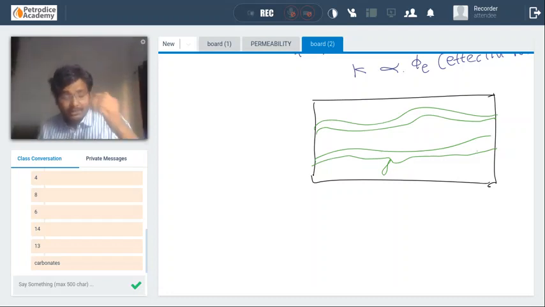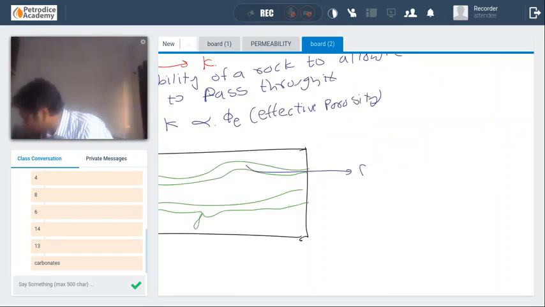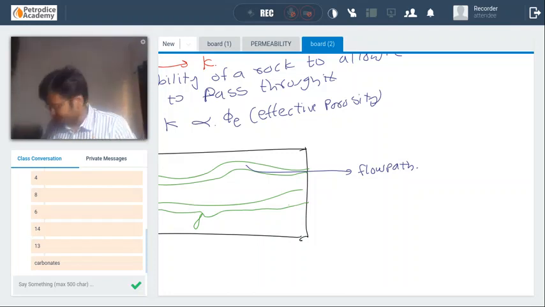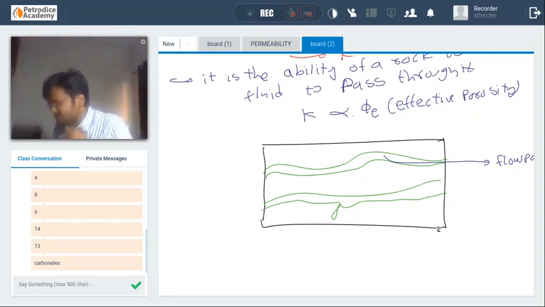If the number of connected pores increases, the permeability will increase because more flow paths are present. These connected pores are also known as flow paths. So as the number of flow paths increases, that rock will allow more fluid to flow through it. So this is how permeability is defined.